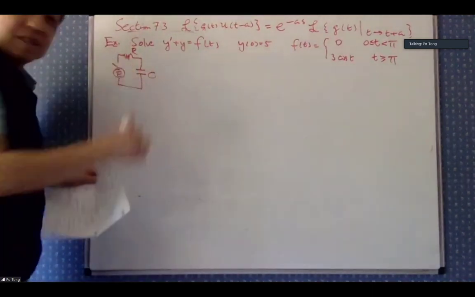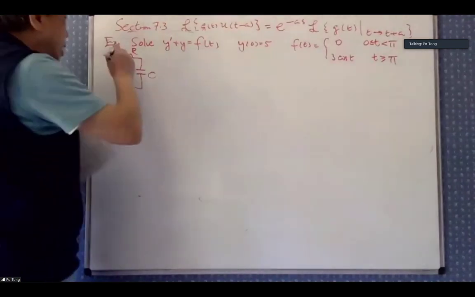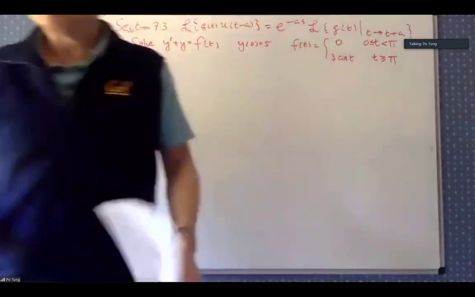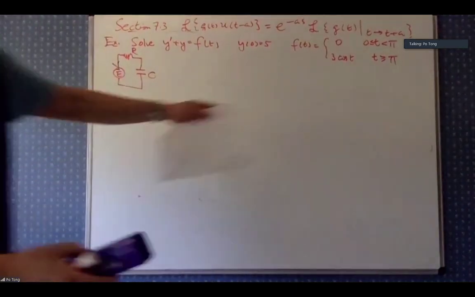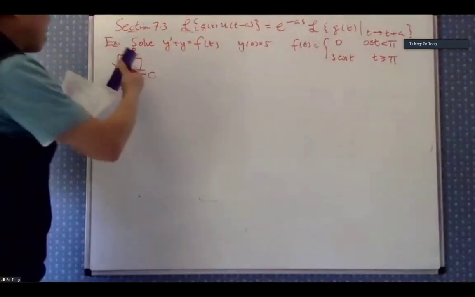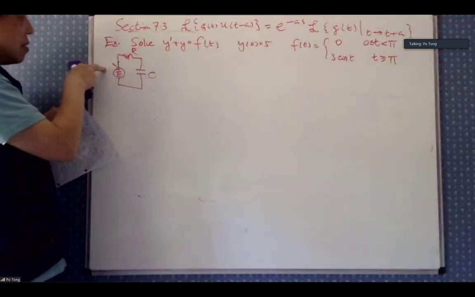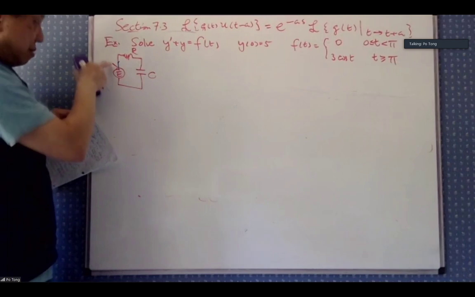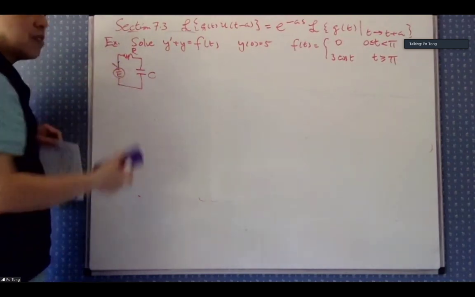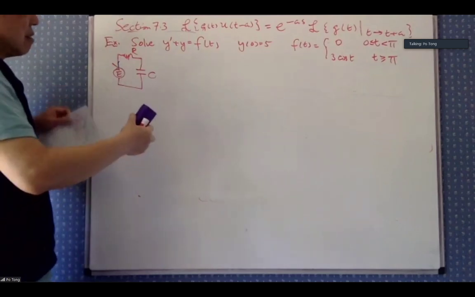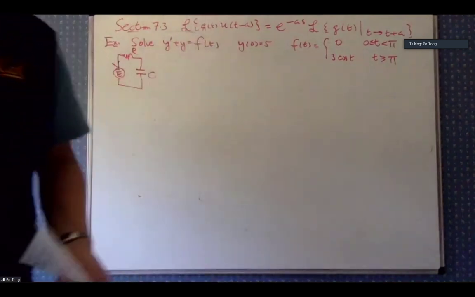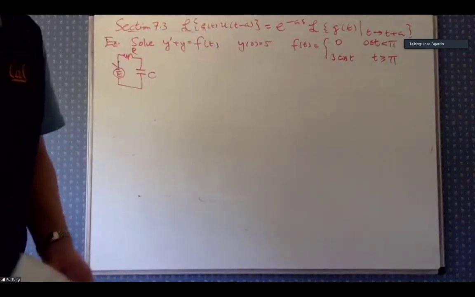Suddenly you flip the switch and connect the AC voltage. So at the beginning you're not connected to the AC source, and later on you get connected to the voltage source, and you end up with equations like this. I don't know how many of you are in circuits. That was a good example.